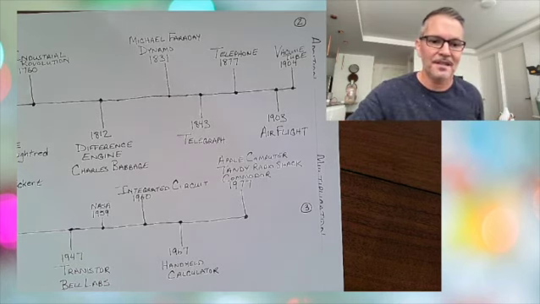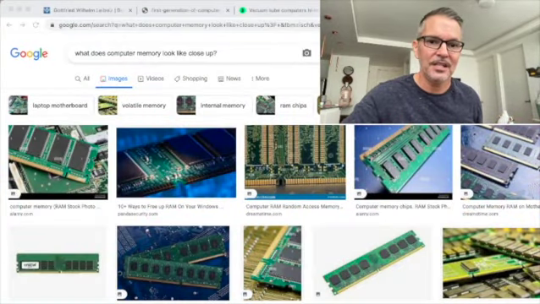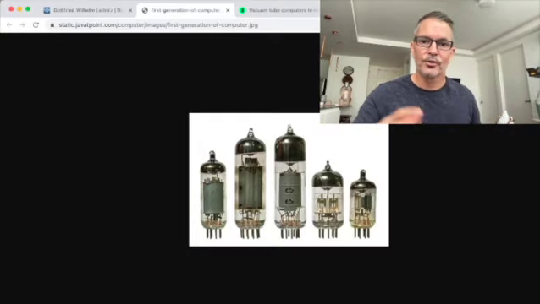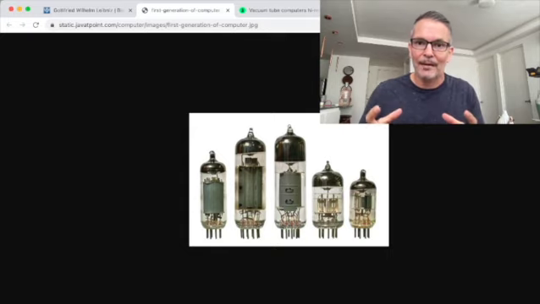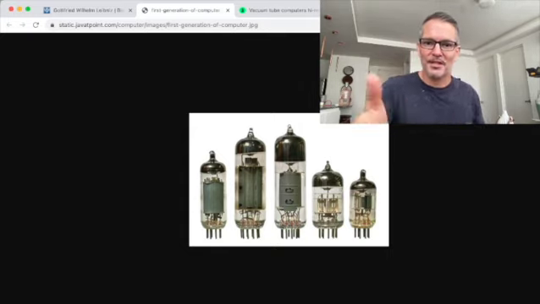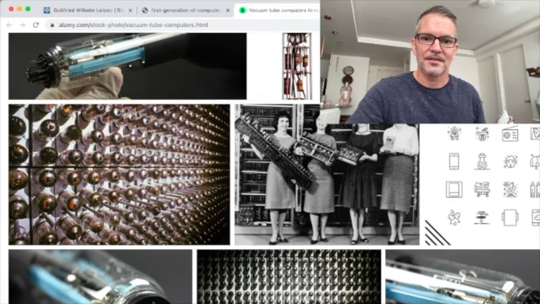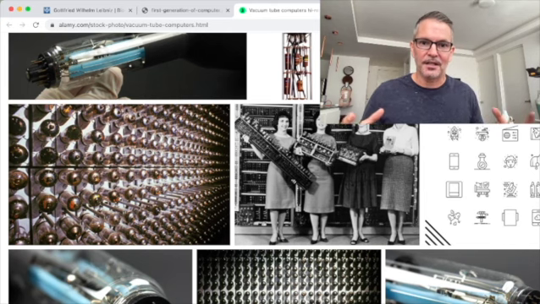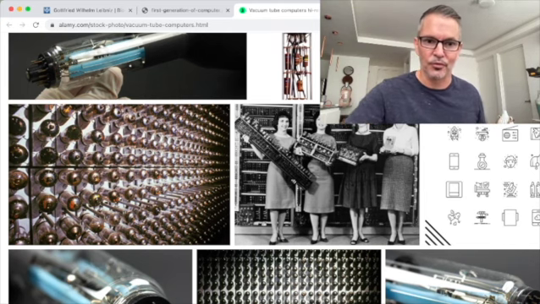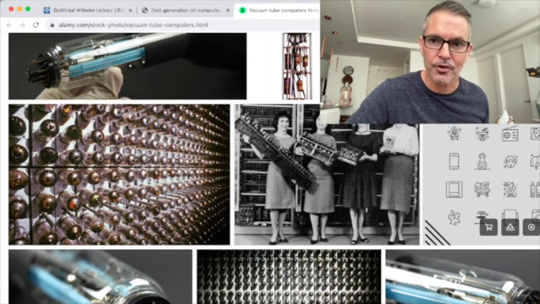We discussed that initially electrical computers were storing information using these vacuum tubes. And then eventually, some more pictures here of what these early computers that used vacuum tubes looked like. They were huge.